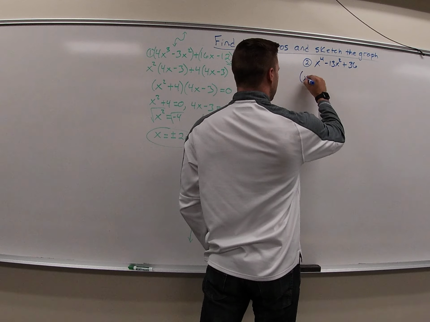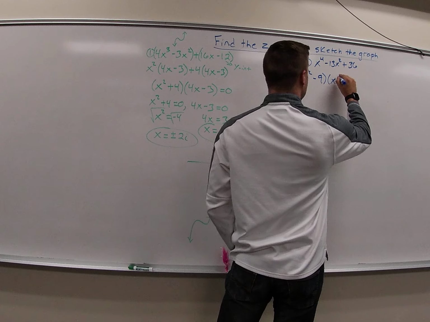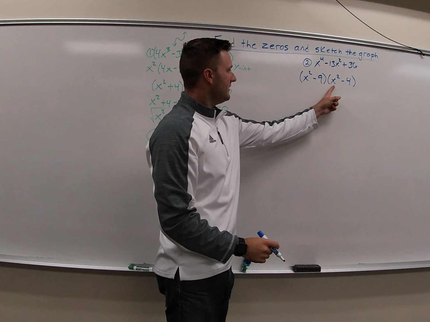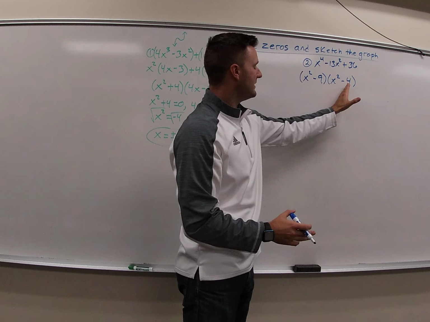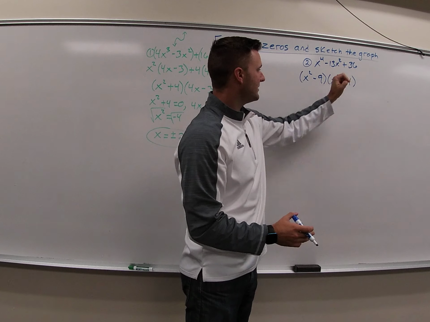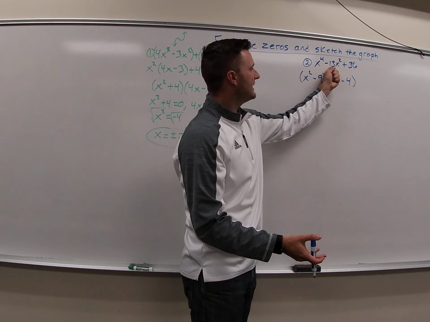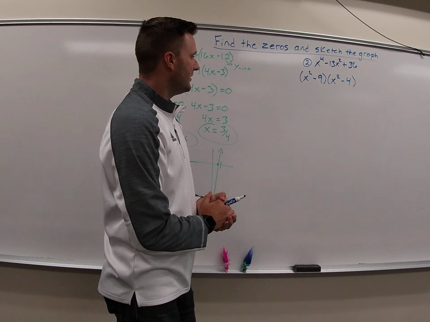So I'm going to have x squared minus 9 and x squared minus 4. X squared times x squared gets me back to x to the 4th. We already said that a negative 9 times a negative 4 is equal to a positive 36, and a negative 9 plus a negative 4 gets me that negative 13. And so this is the correct way to factor this problem.